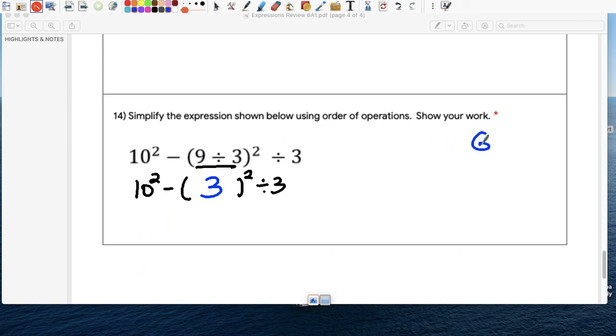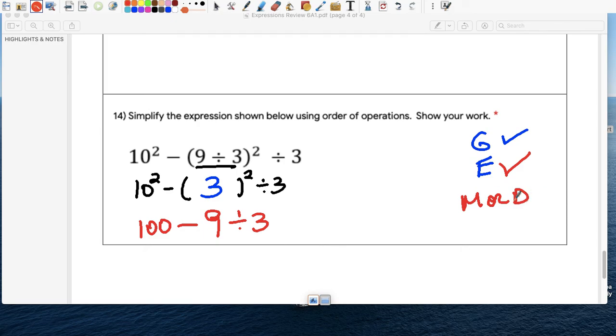Now, grouping, done. Exponents, do we have any exponents? We have 2, so let's take care of that. 10 to the second power is 100, minus, and 3 to the second power is 9, and then divided by 3. Exponents, finito. Now it's multiplication or division, whichever one comes first, from left to right.